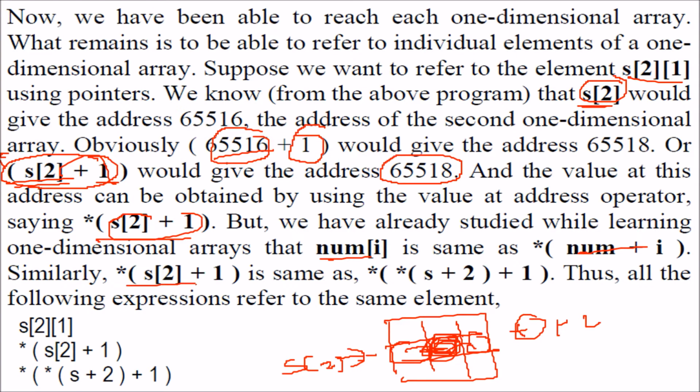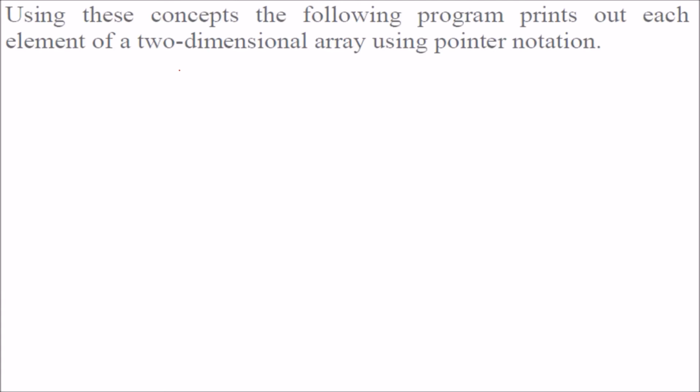So the simplest idea is *(*(s+2)+1): the value at s+2, which is this whole array, then the value at the first position. So s[2][1], or *(s[2]+1), or *(*(s+2)+1) without subscripts, all point to the same location.